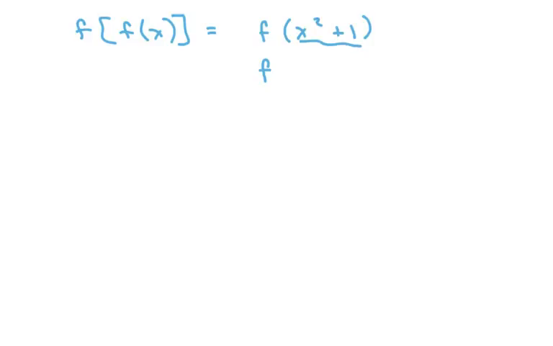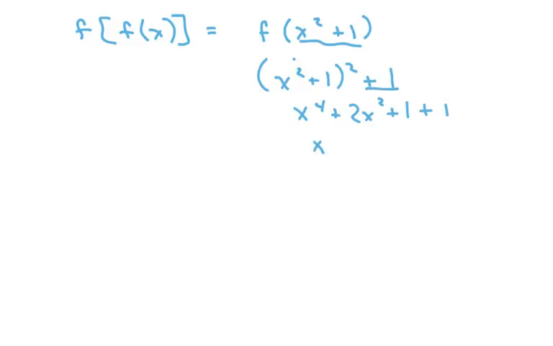I'm just going to write x squared plus 1, squared, plus 1, which is x to the 4th plus 2x squared plus 1, and then we have this plus 1.